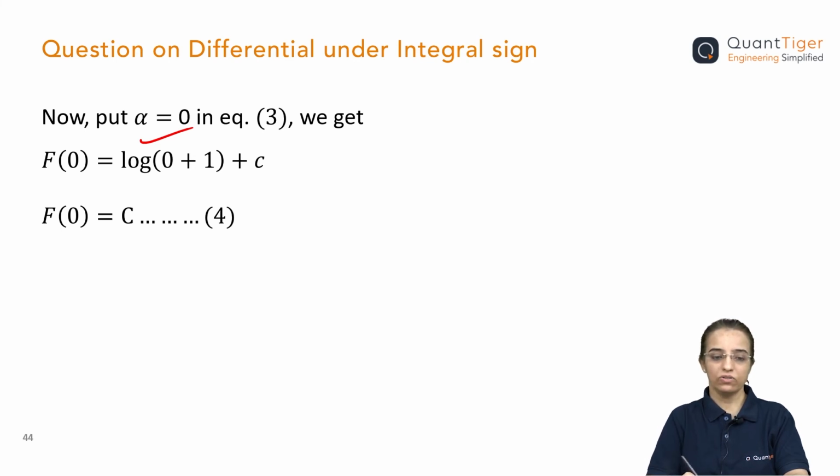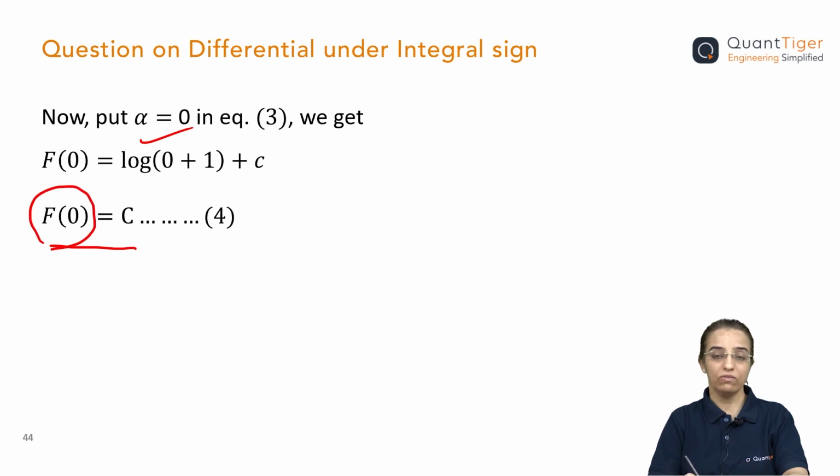But here we haven't got the complete value of c, we have only got c is equal to f of 0. Means it's in terms of the f function, it's not an actual constant value; we have found it in the form of a function. So that's the reason we again have to find this value.